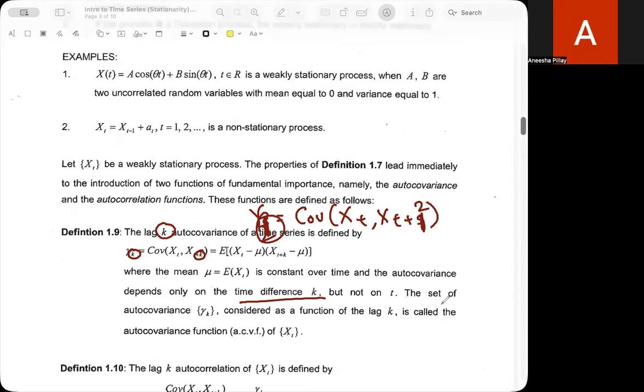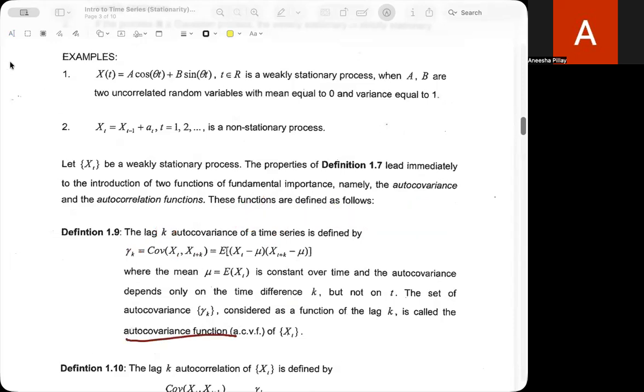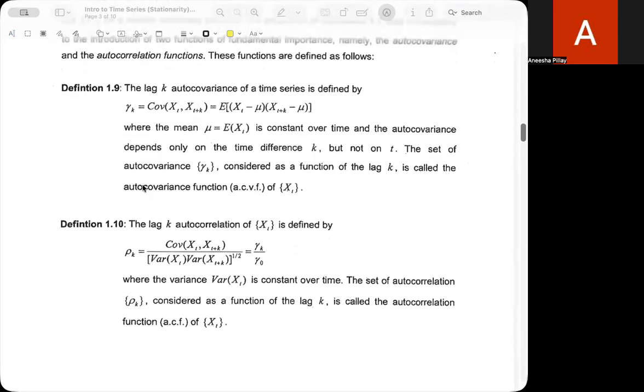To meet the weekly stationary criteria, it has to only depend on K. And this is actually known as the autocovariance function. This is quite important for you to know, especially because it's needed to find your autocorrelation function.